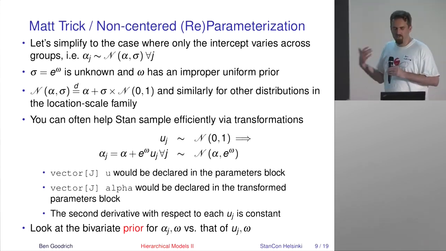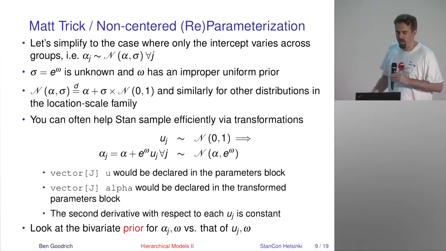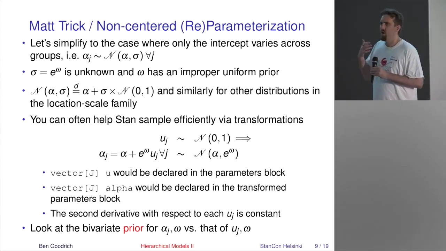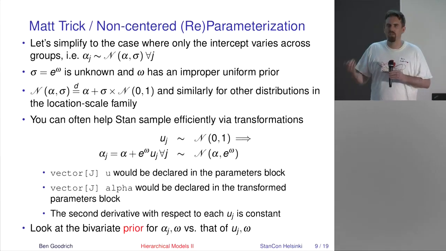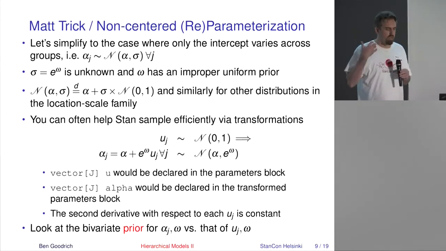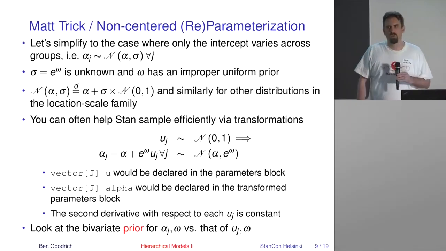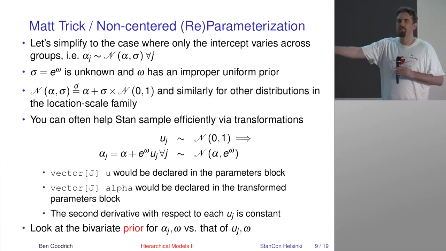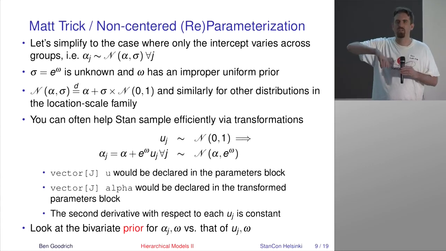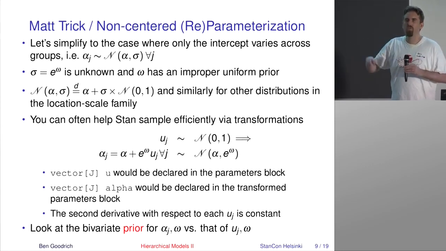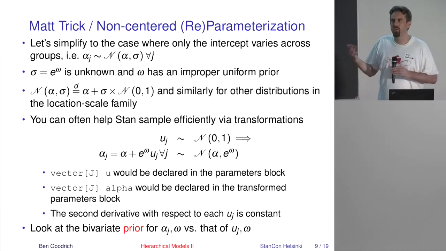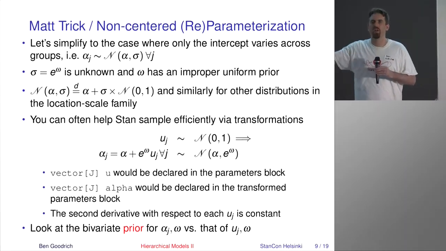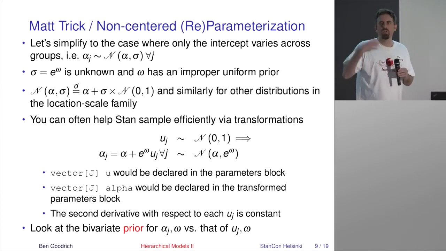And so you can often help Stan sample efficiently, which is more important than it sounds, even though it already sounds important. You want your Stan code to run as fast as possible, but you also want it to mix throughout the parameter space fast enough for the means that you calculate afterward to be reasonable estimates of the analytical posterior means that you can't calculate.